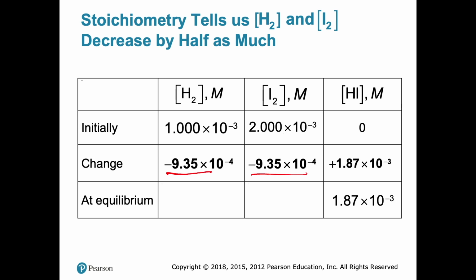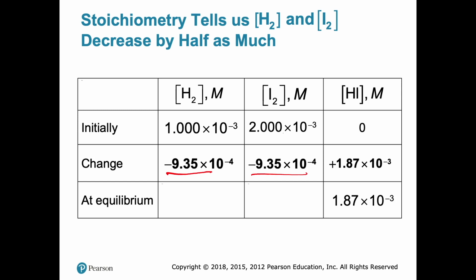That's what's going away. So all you have to do is subtract 9.35 times 10 to the negative 4 from 1.00 times 10 to the negative 3, and then do the same thing over here. Subtract 9.35 times 10 to the negative 4 from 2.00 times 10 to the negative 3, and then you get the concentrations at equilibrium.